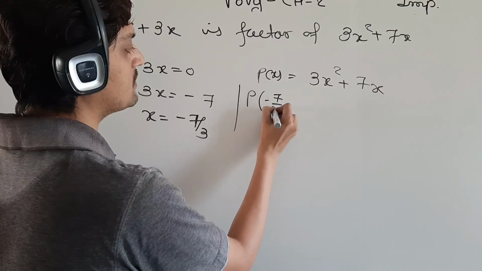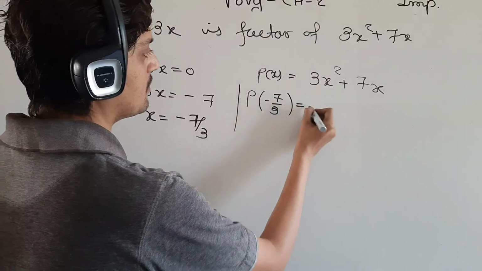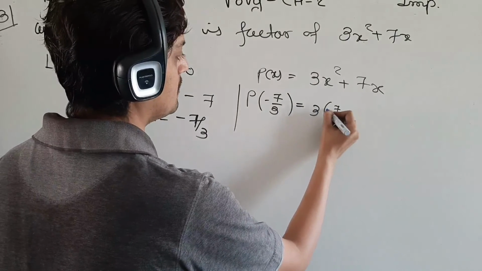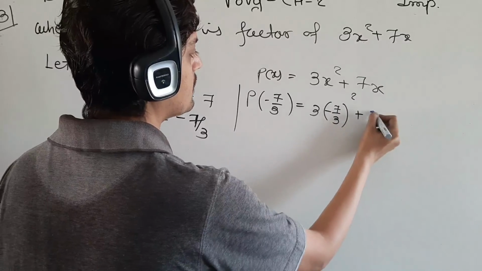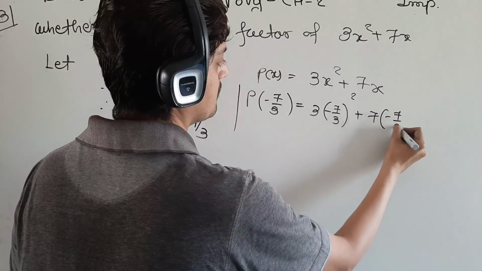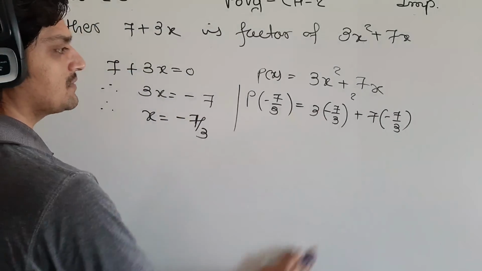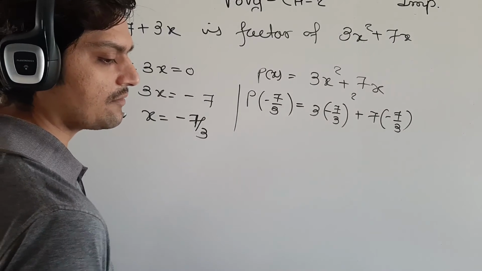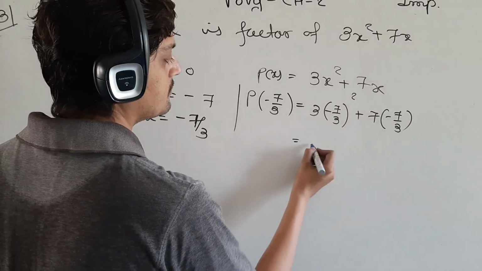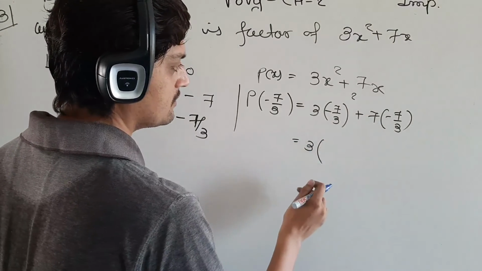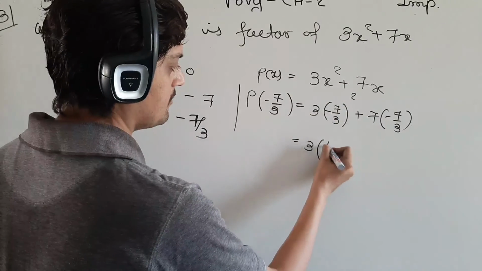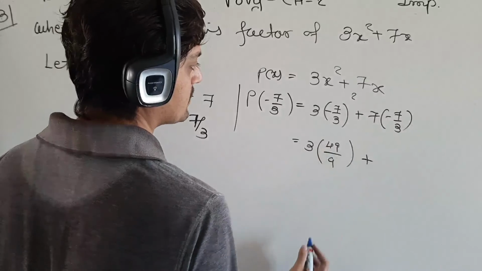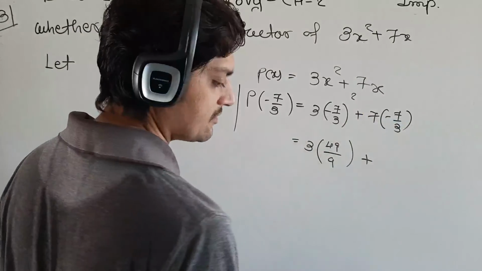So p of minus 7 by 3 is equal to 3 into x square, x square means minus 7 by 3 all square, plus 7 into minus 7 by 3. If the remainder comes 0, it is a factor, and if the remainder does not come 0, it's not a factor. So now 3 into 49 by 9, 3 square is 9, plus minus, sorry, minus.